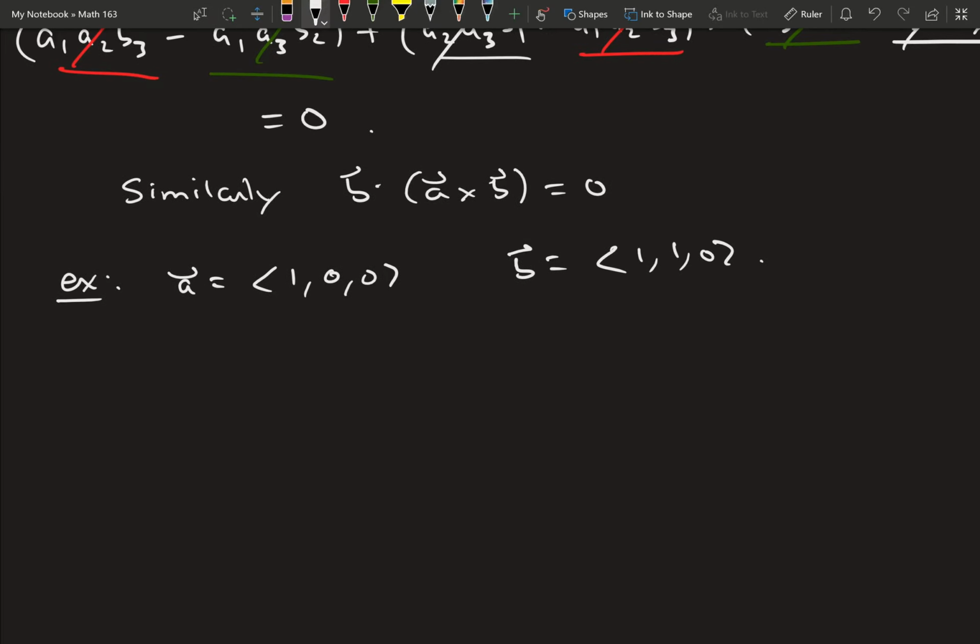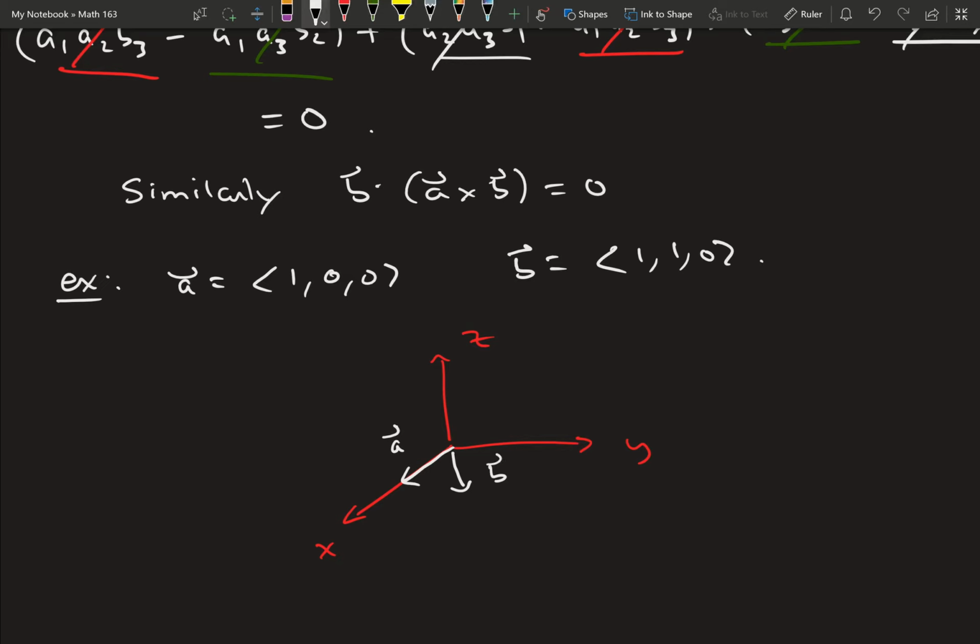Well, let me first draw my coordinate plane. Here's our x, y, z coordinate system, and here is the vector 1, 0, 0 pointing in the x direction. This is A. B is 1, 1, 0, so it's sitting right here in the xy plane.